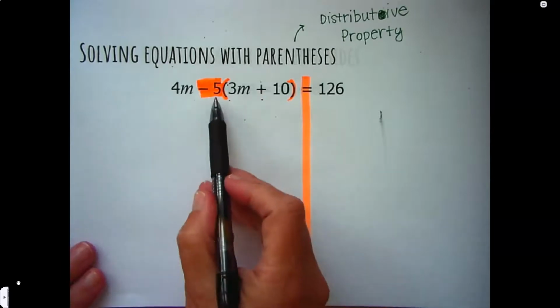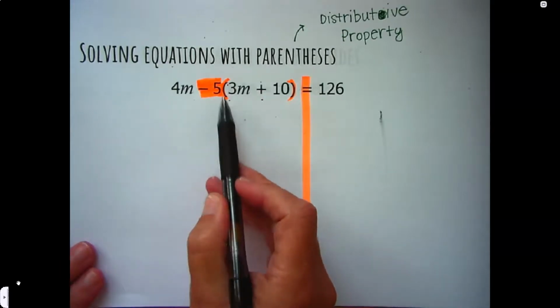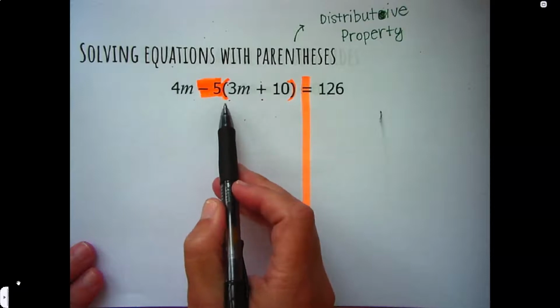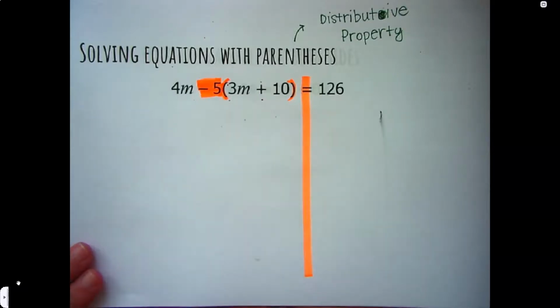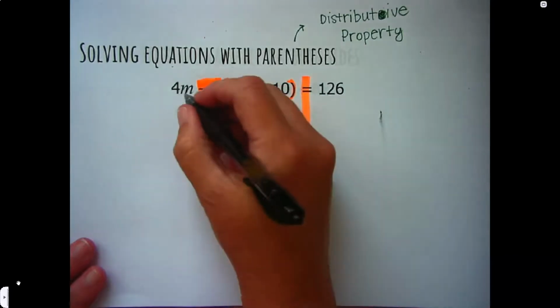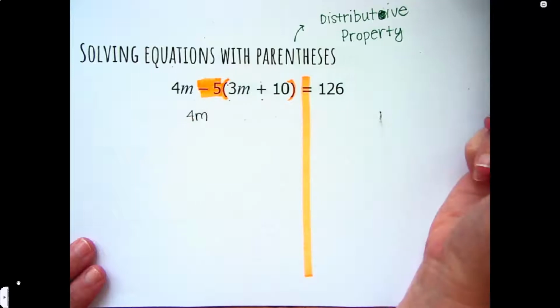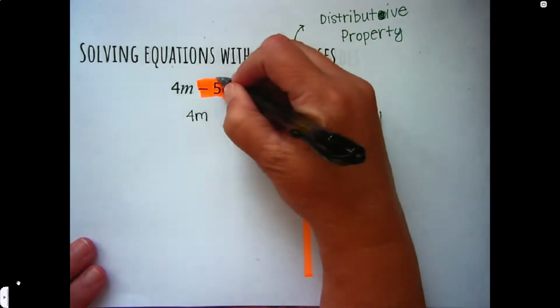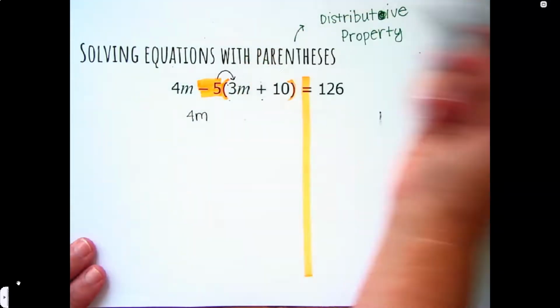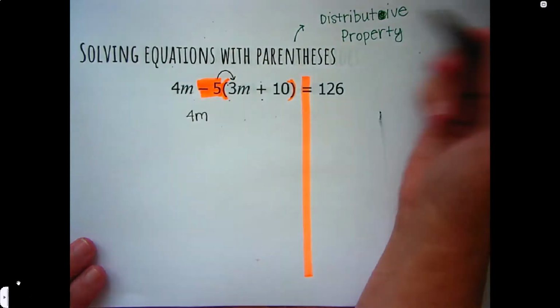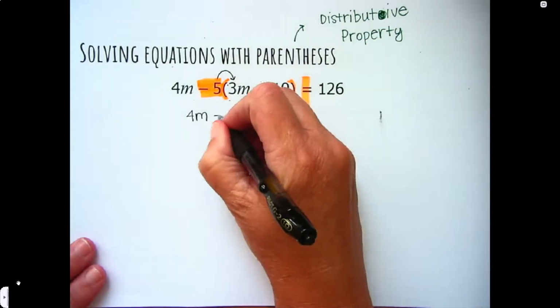Now notice when you see negative 5 right beside the parentheses, that means negative 5 times 3m plus 10. So we're going to distribute that negative 5 by multiplying. So here we go. The 4m, we're just going to bring down. And then we're going to distribute. So we're going to do a negative 5 times 3m. Negative 5 times 3 is negative 15.